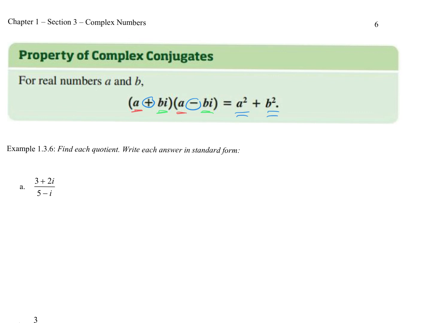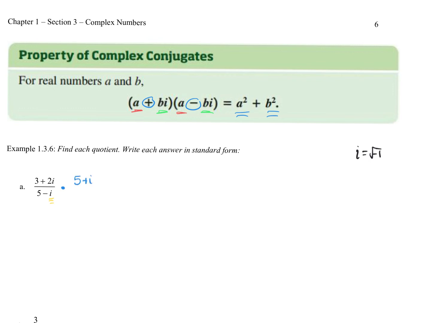So that's important, because when I go to do letter A, if you remember, i equals the square root of negative 1, but we also don't leave roots in the denominator. So this i right here is a problem because it's a root. So I can get rid of it by using this idea of a complex conjugate. I'm going to multiply the top and the bottom of this fraction by the complex conjugate of the denominator.